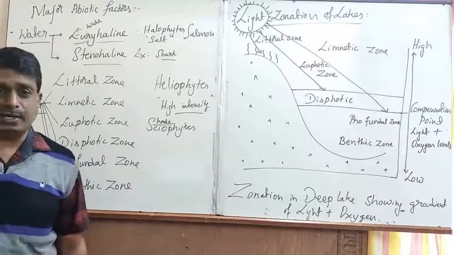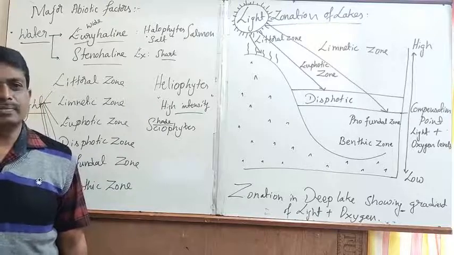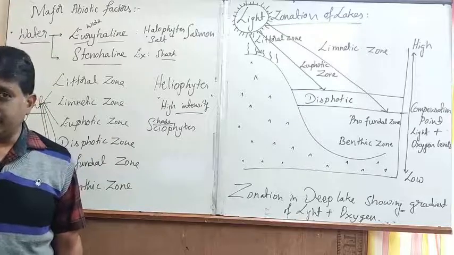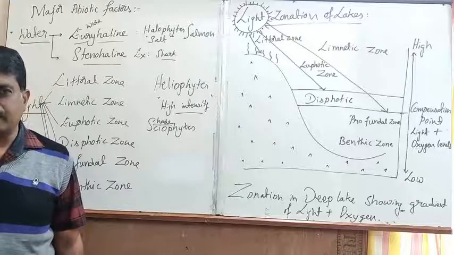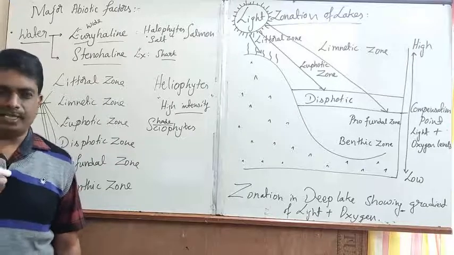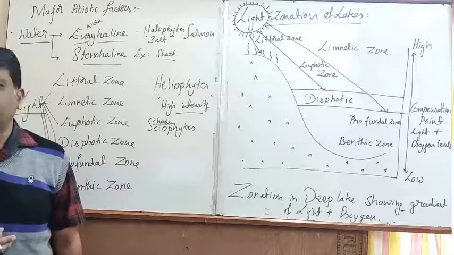Chlorophycean members are called green algae. Rhodophycean algal members are called red algae. Phaeophycean members are called brown algae.